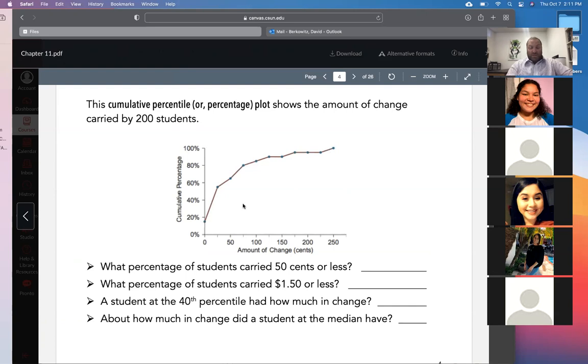We can use that to get an idea of, for example, the 40th percentile. If I want the 40th percentile, all I need to do is go here to 40 and go over to the graph and then go down from the graph. And it looks like the 40th percentile would be roughly 20 cents or so, whatever number this is.